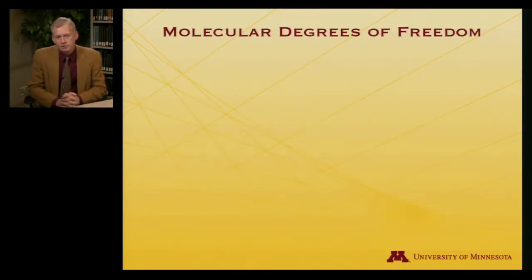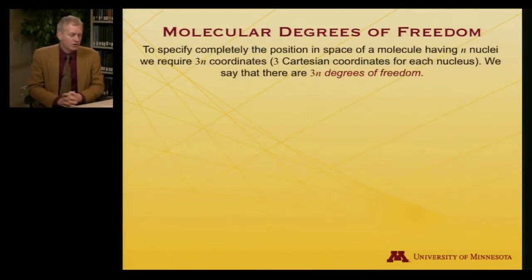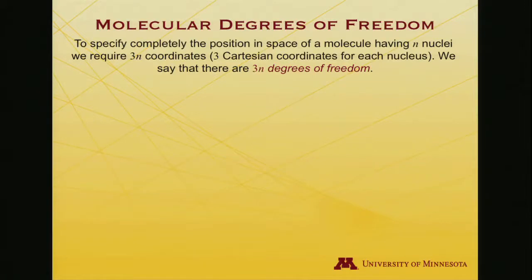It's handy to divide up the various contributions to the kinetic energy that comes from molecular motion into what are known as degrees of freedom. So if I want to specify completely the position in space of a molecule that has n nuclei, I must need 3n coordinates, right?